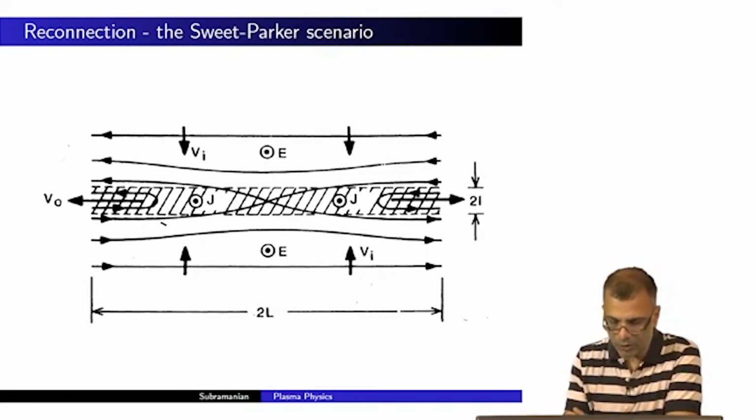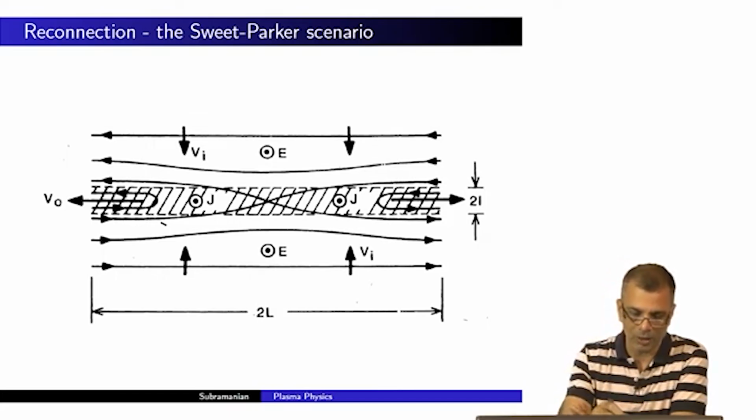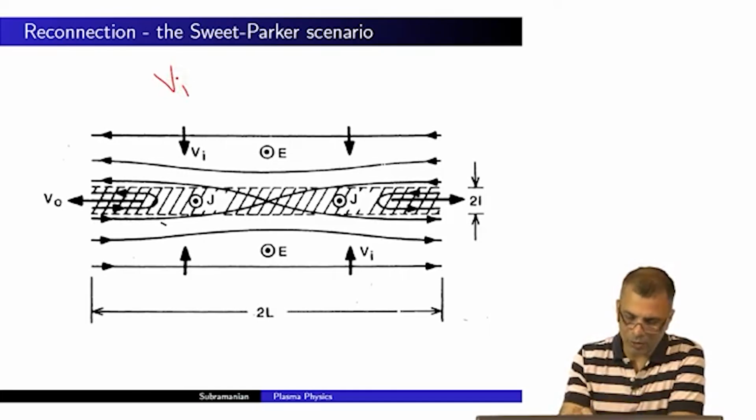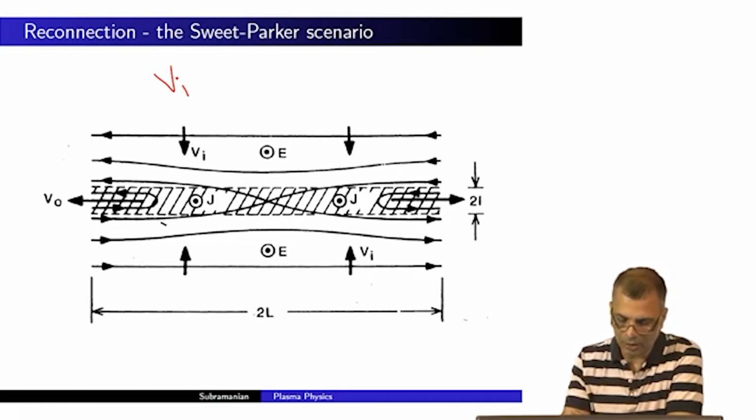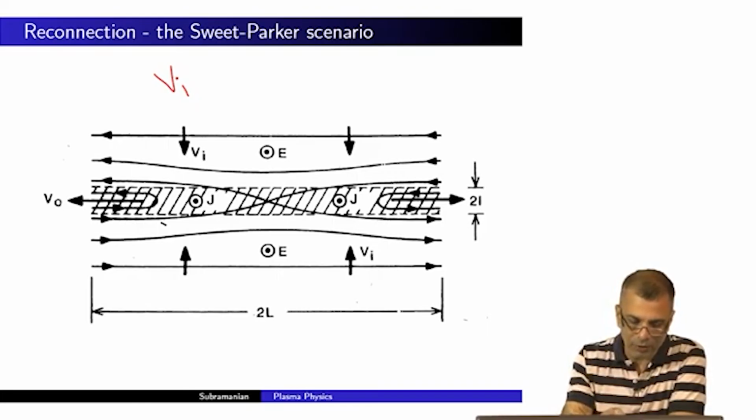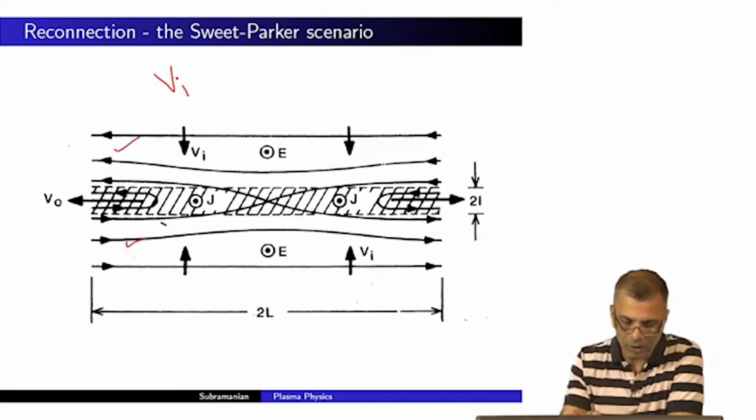You see one going this way and the other going this way, which are being brought close to each other at a speed v sub i. As they come close to each other, the straight field lines get a little curve like this. And finally this field line reconnects with this field line to give a thing like this, and this one reconnects with this one to give a configuration that looks like this.